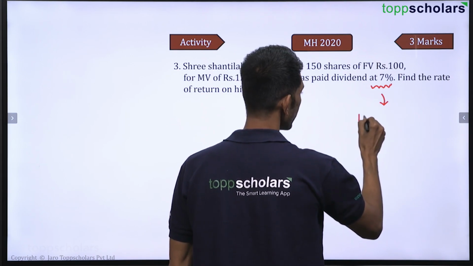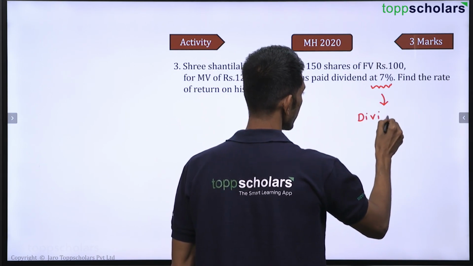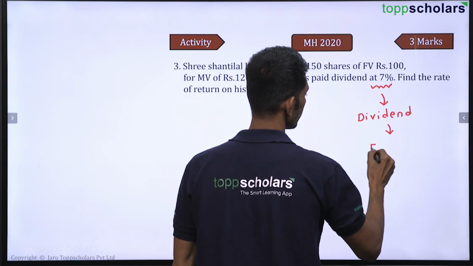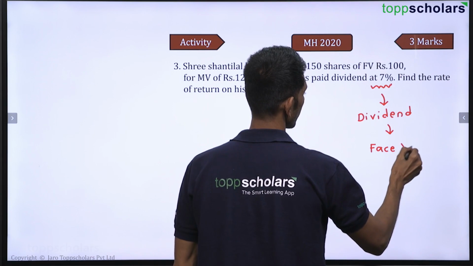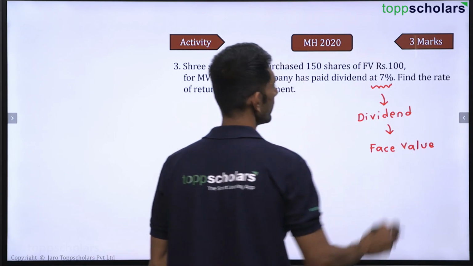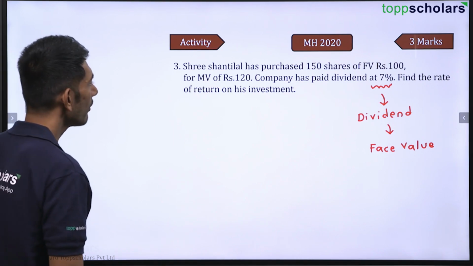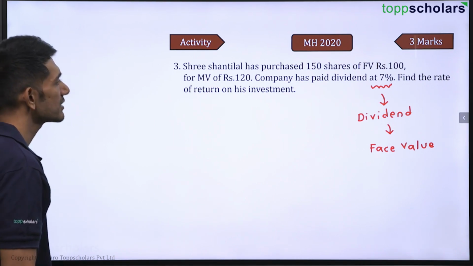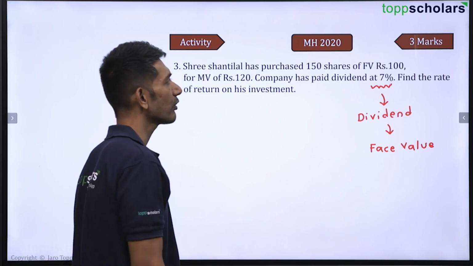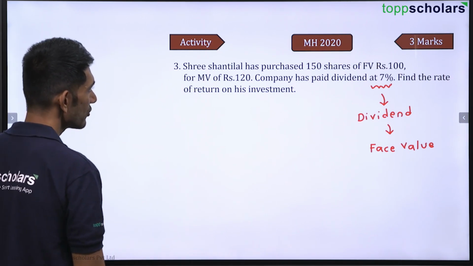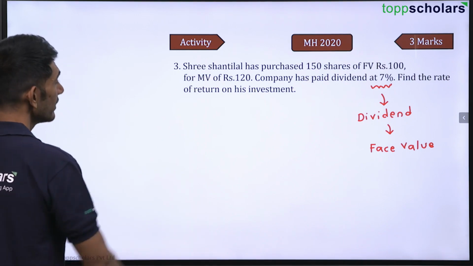Always remember, dividend is calculated on face value. Please make a note somewhere. Dividend is calculated on face value. Find the rate of return on his investment. You're supposed to find out the rate of return. This was asked for 3 marks, by the way.